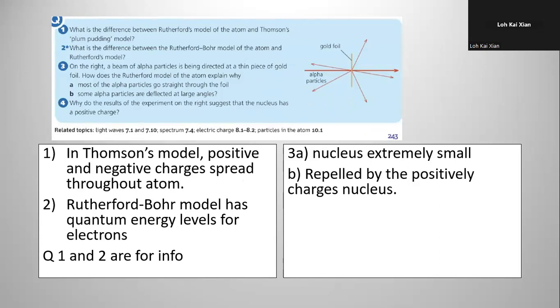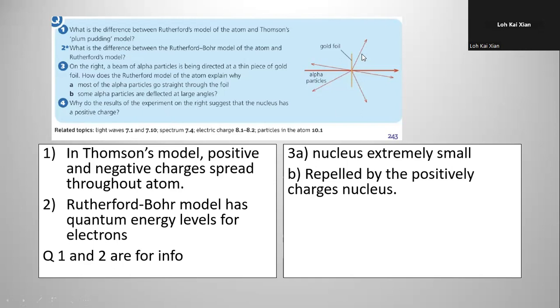Why do the results of the experiment on the right suggest that the nucleus has a positive charge? Is it because the alpha particles are negative?